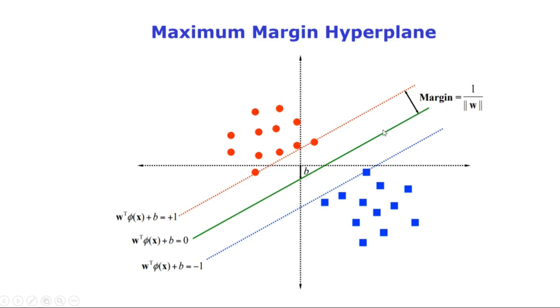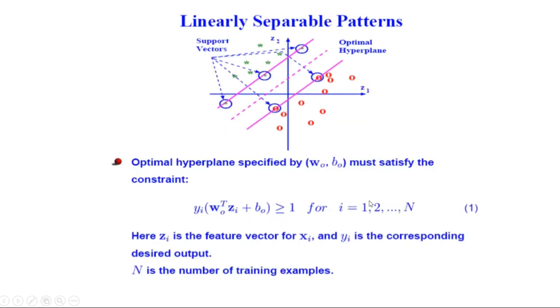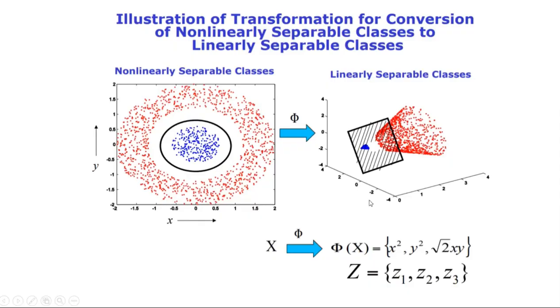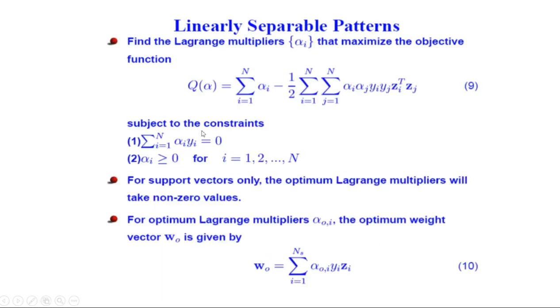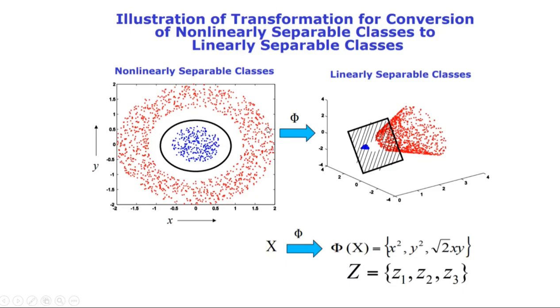But in most cases, the input points are not separable, they are non-linearly separable. In such a case, what do we have to do? Instead of applying this whole process directly, we will take a kernel.